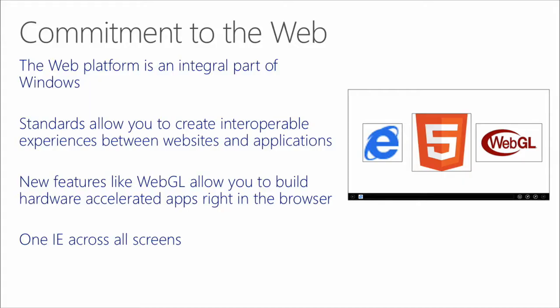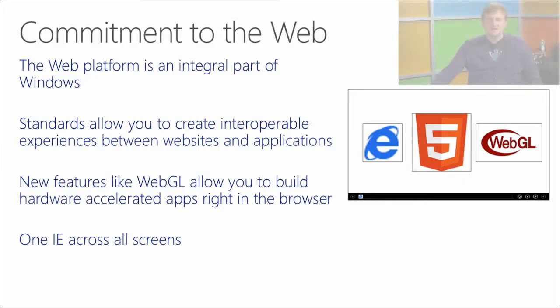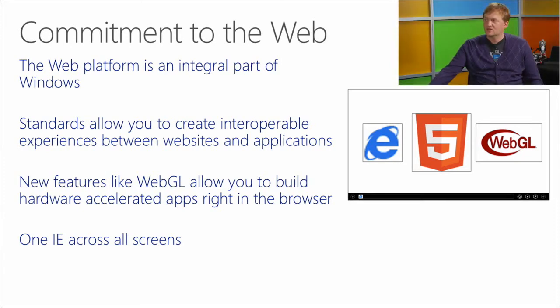So the web platform. Starting off, the web is an integral part of Windows. When we think about the integration points between the operating system and the web, Windows 8.1 adds even more of those with the ability to do live tiles, which we'll talk about in a minute.